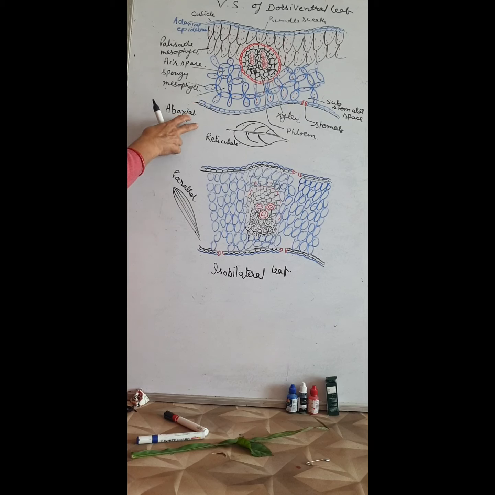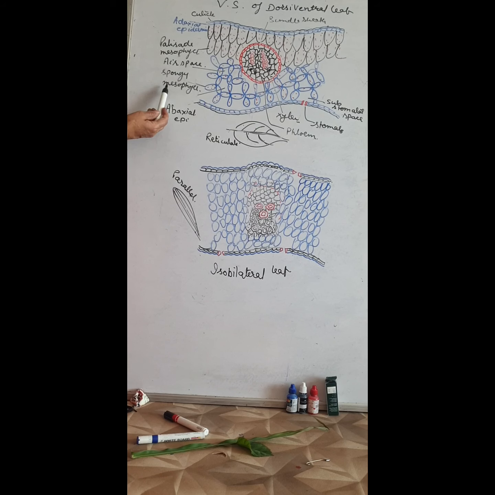So this is the diagram of the vertical section of dorsiventral leaf. Both sides the cuticle is there, that is waterproof covering. Both sides the epidermis, the adaxial epidermis and the abaxial epidermis. The mesophyll cells are of two types, the elongated vertically arranged palisade mesophyll, and the loosely arranged oval spongy mesophyll having intercellular space.